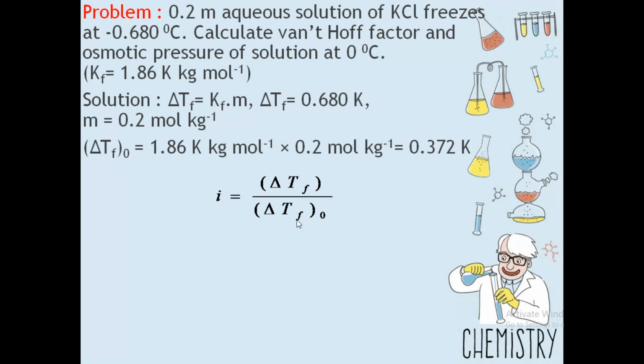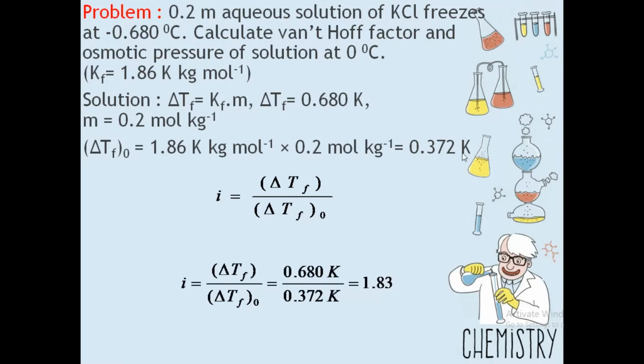The calculated, or theoretical, value is delta Tf naught. So i is equal to 0.68 Kelvin divided by 0.372 Kelvin, which is equal to 1.83. So the value of i is equal to 1.83.